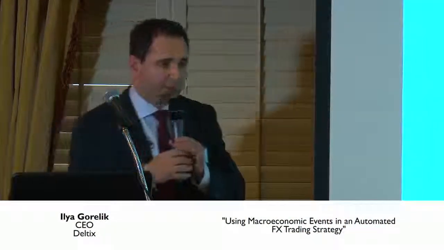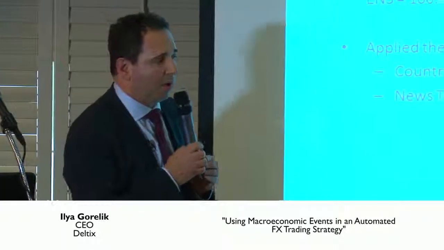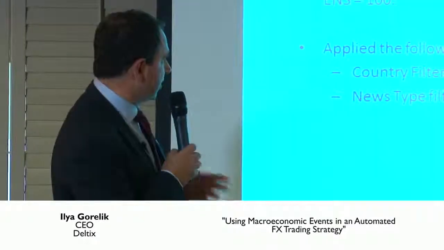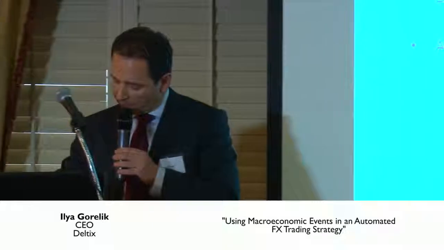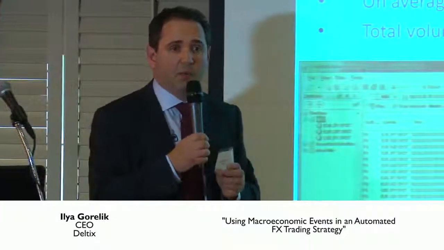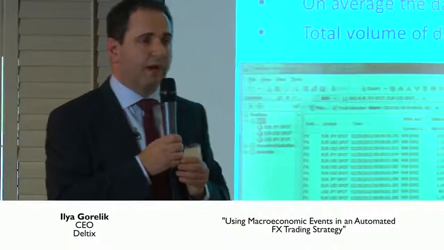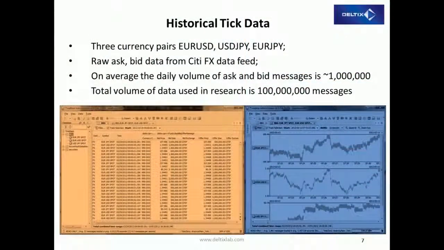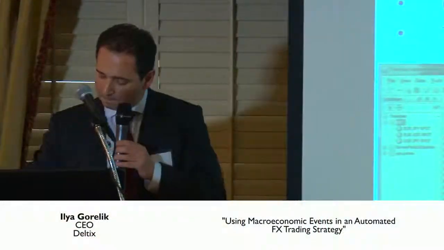For the first experiment we did, I forgot to mention something relevant: that amount of data is actually quite large. For the period we analyzed, originally done in 2012, from March until September of 2012, we got around 100 million messages of tick data, approximately a million per day. And the data from Ravenpack was also not small.